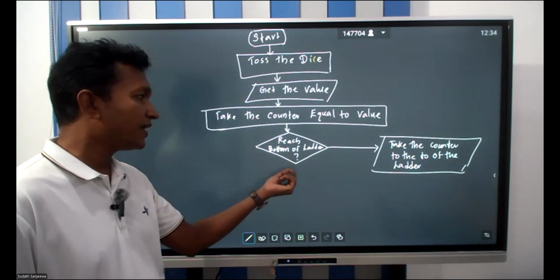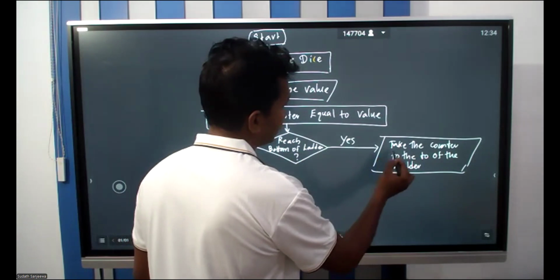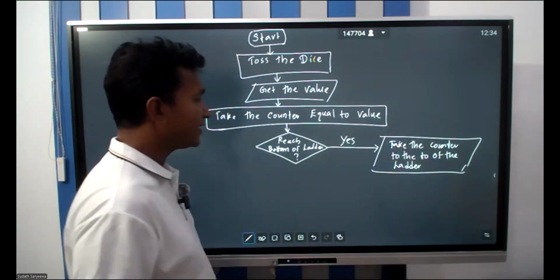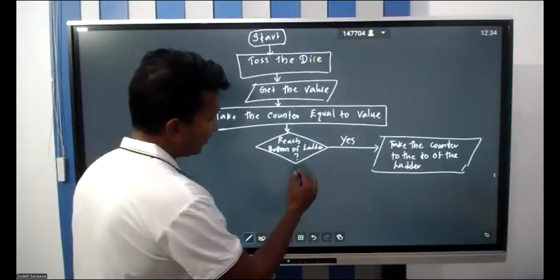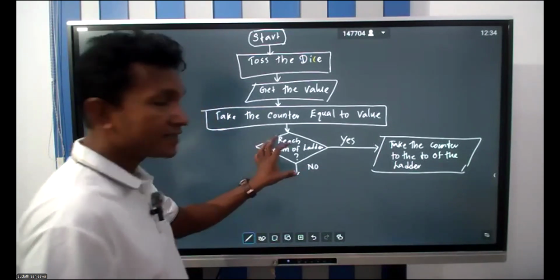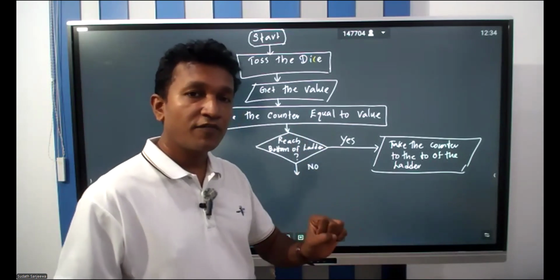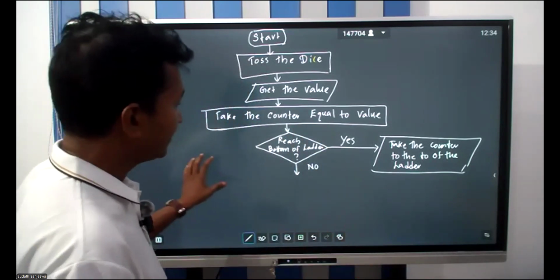When it reaches the bottom of the ladder, then we move that counter to the top of the ladder, right? If it is no, then there is another condition. We have to check whether it comes to the head of the snake, right?